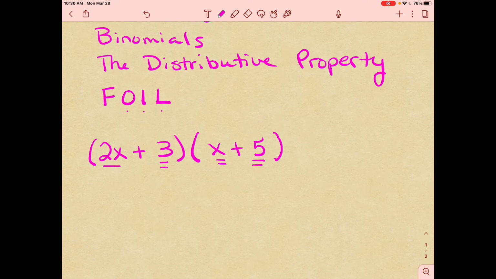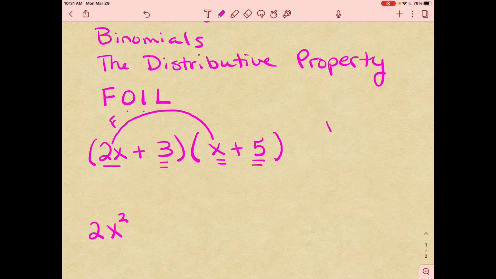So the F stands for first, and we're going to draw a little arc from the first term of the first parentheses to the first term of the second parentheses. So first, this is F, we're going to do 2x times x. 2x times x is 2x squared.